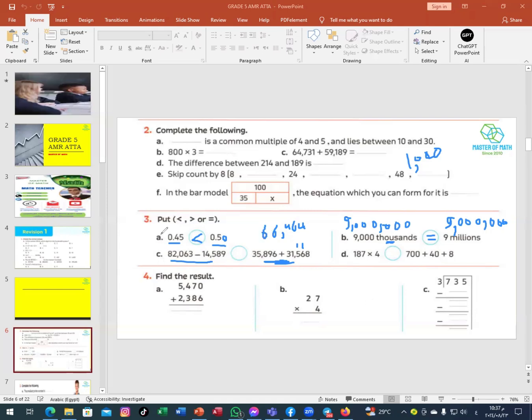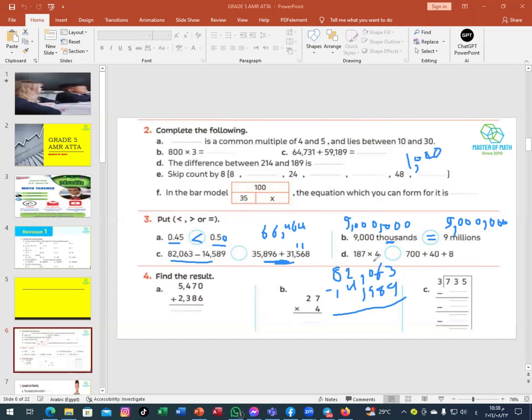Subtracting this problem, 3 minus 9, it's impossible.